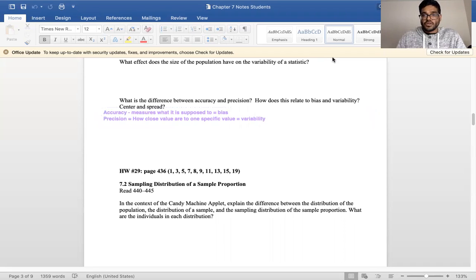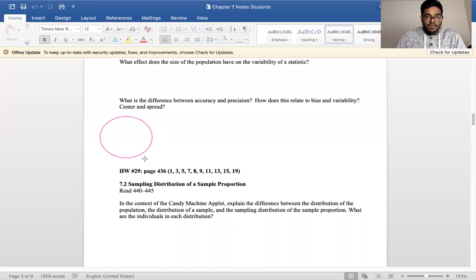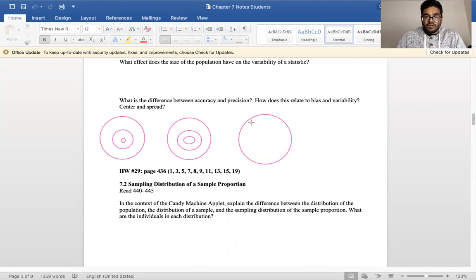And you have probably seen these pictures before, but if I draw these, a dartboard. I'll draw 4 different ones here.